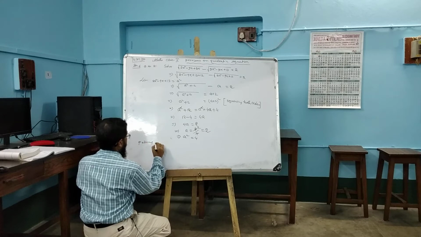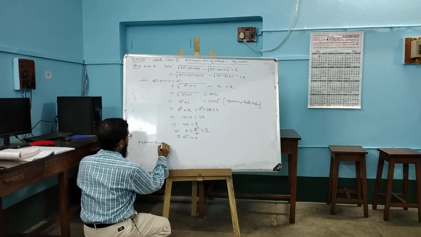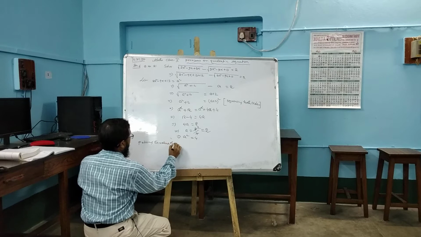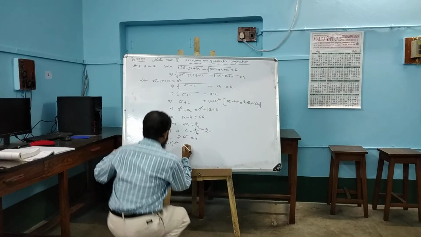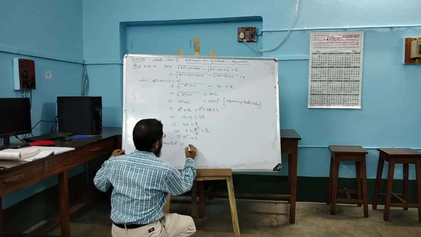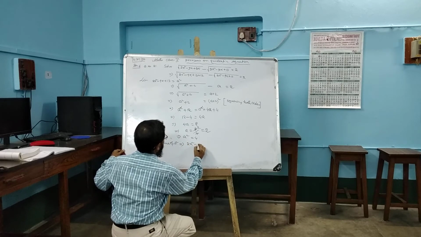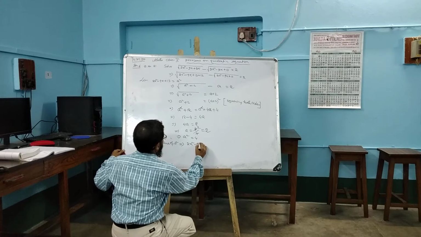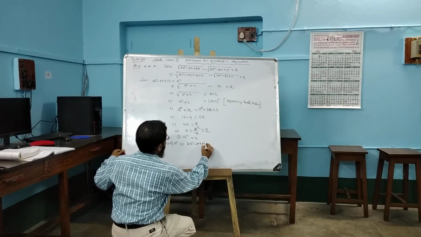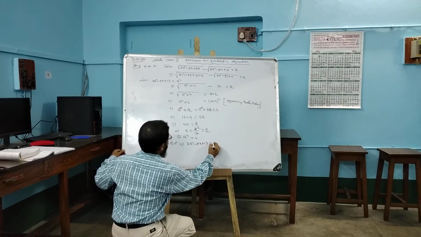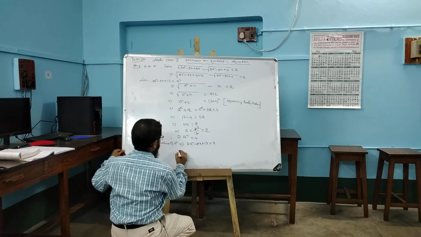Putting the value of a square, this implies 2x square minus 9x plus 13 equal to 4.